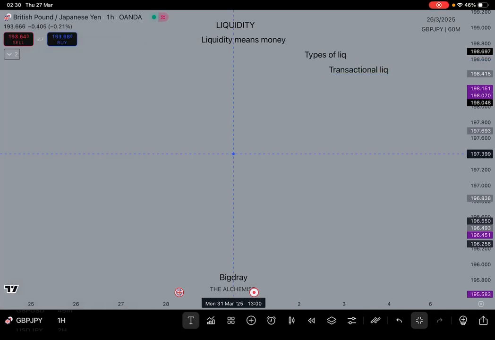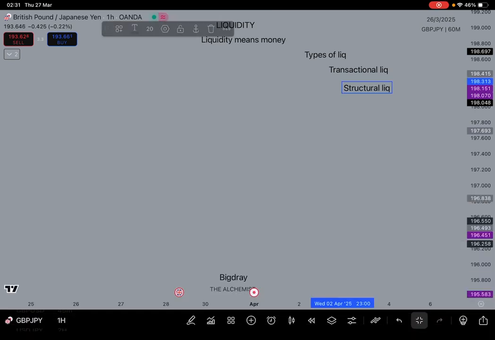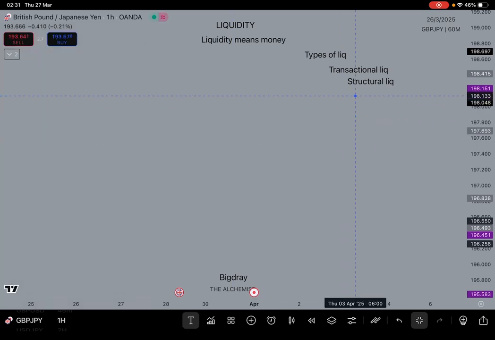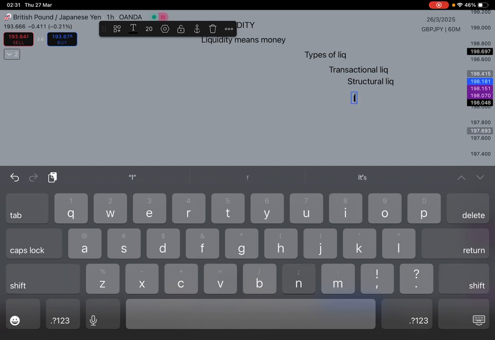Secondly, we have structural liquidity. And thirdly, we have inducement liquidity.